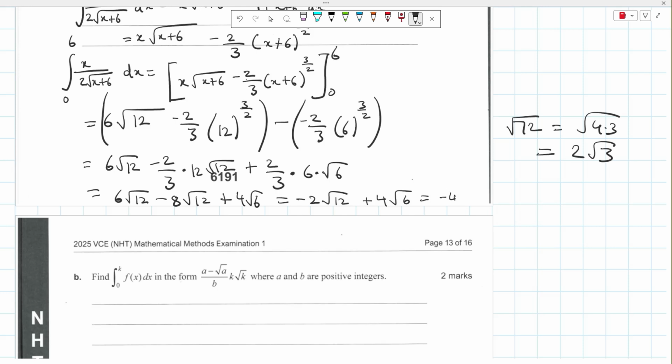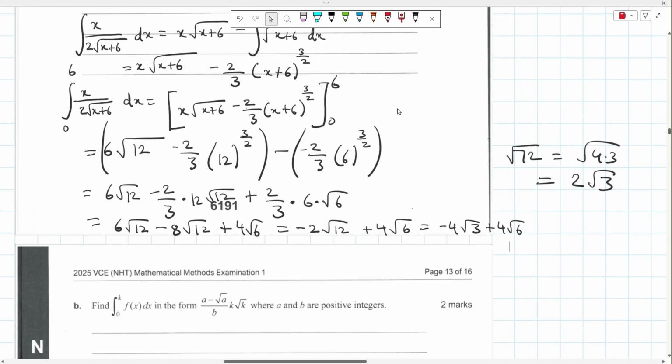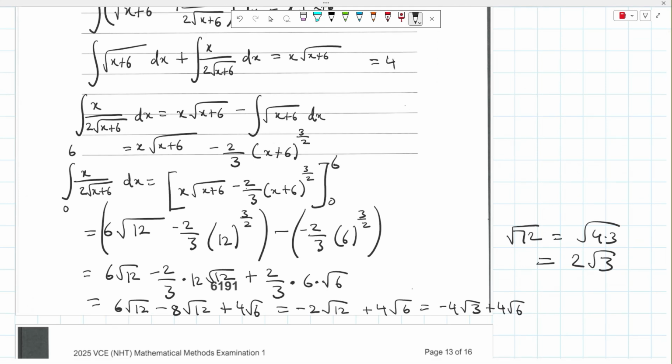So we can do negative 4 root 3 plus 4 root 6. So it's really just 4 root 6 minus 4 root 3, and that's our final answer.